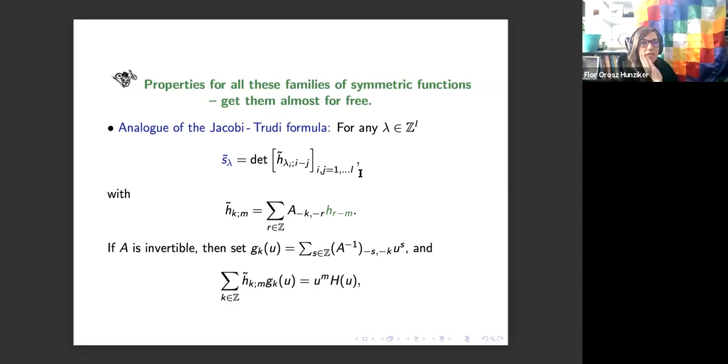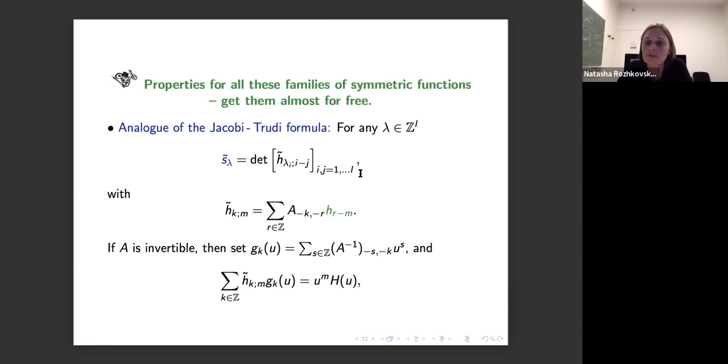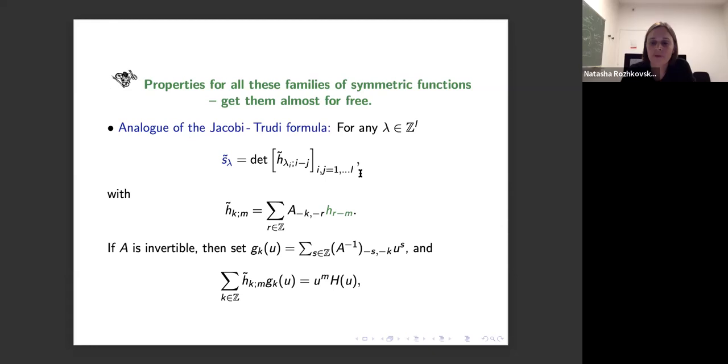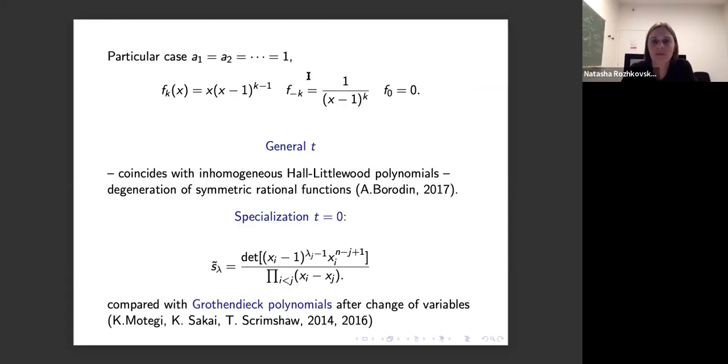And I have a question, Natasha. Yeah. So when you were giving these specializations, t equals 0, t equals -1, you didn't give us A, right? Is it hard to describe what A is in that case? Is it a very special matrix that you're grabbing, or is it very natural? So they are basically coefficients of these polynomials.